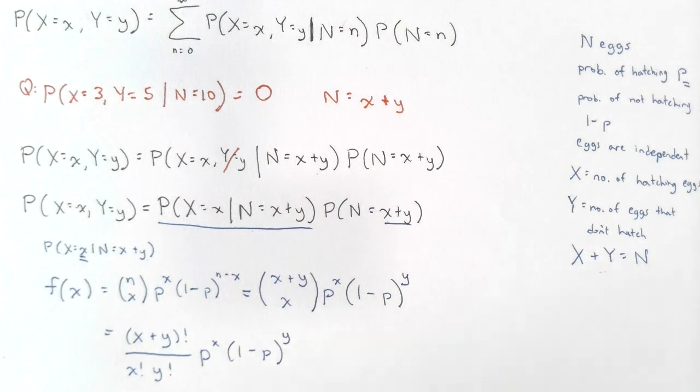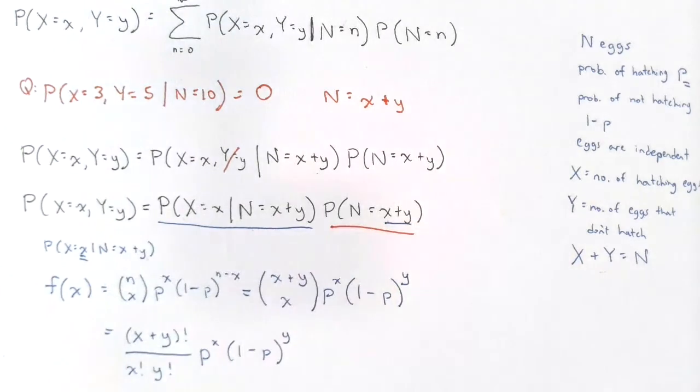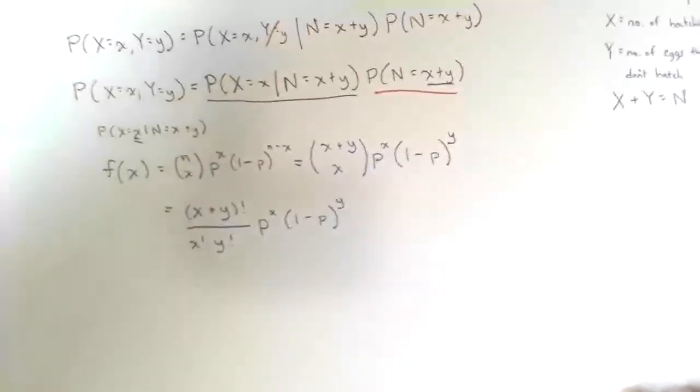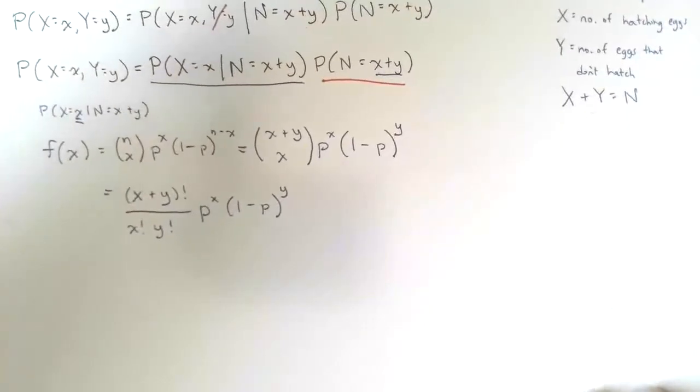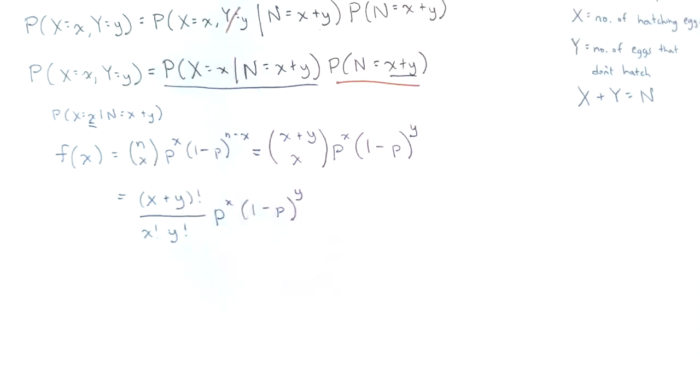Now we've got to figure out what this second term corresponds to. Now this one's a little bit harder to understand intuitively, so I may just give you the solution. But we do need to understand that n can be any number as long as the number is x plus y.